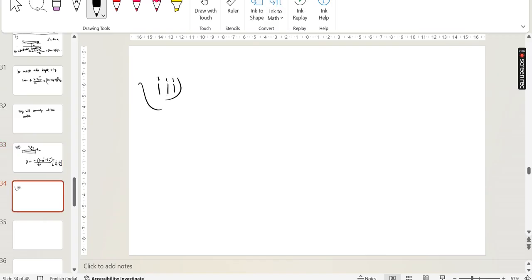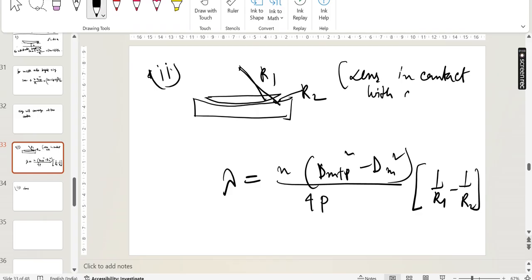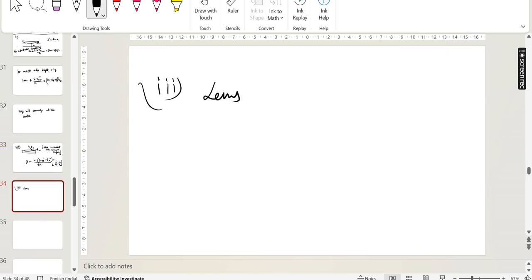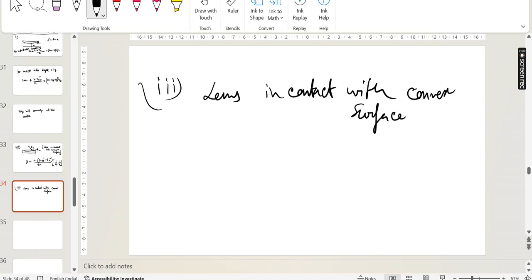Another configuration is where a convex lens is in contact with a concave surface, or in contact with a convex surface. So here the two lenses are like this, instead of optical flat glass.